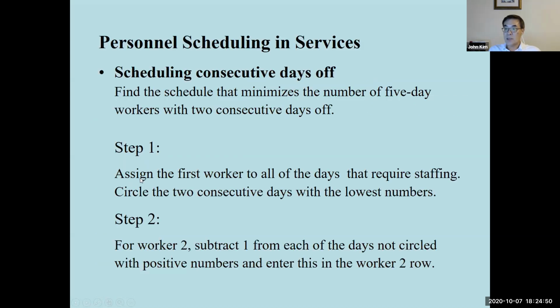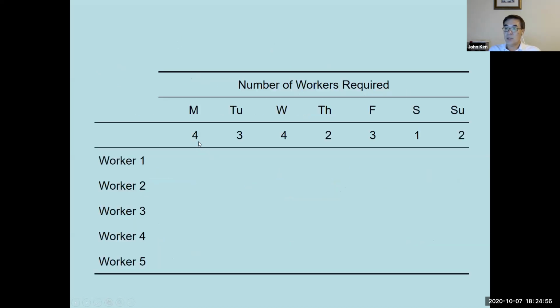Then it says, assign the first worker to all of the days. That means just copy the required number for worker 1. And then the condition is work 5 days and then off 2 days, consecutive days.